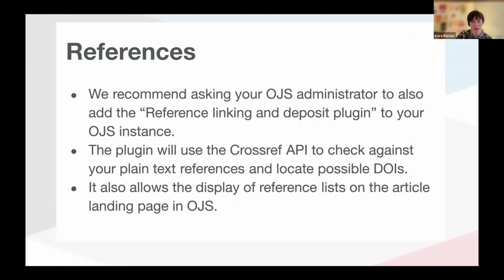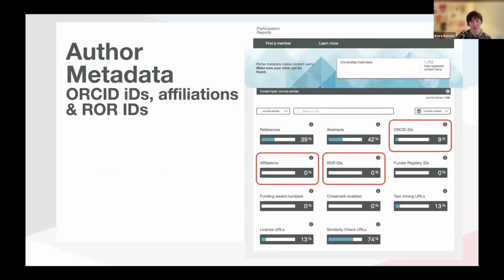And the plugin will use our API to check against your plain text references to locate possible DOIs. And that really is helpful to do the reference linking and therefore the two-way connections between the publications. And it also allows you to display reference lists on the article landing page in OJS.